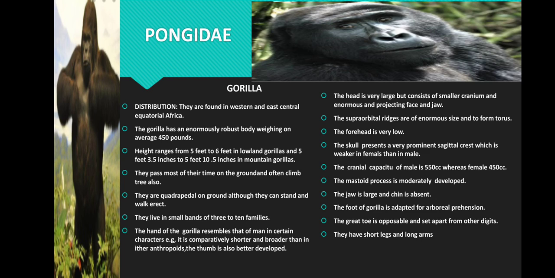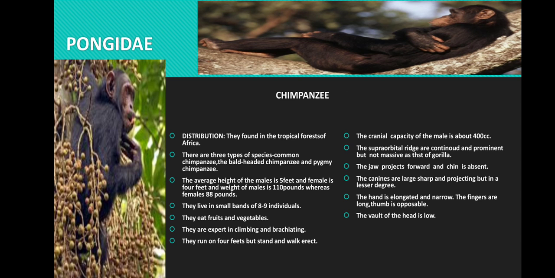So this is all about the characteristics of a gorilla. The next species is the chimpanzee, right? Chimpanzees include three species: the common chimpanzee, the bald-headed chimpanzee, and the pygmy chimpanzee, right? These are the three species of chimpanzee.